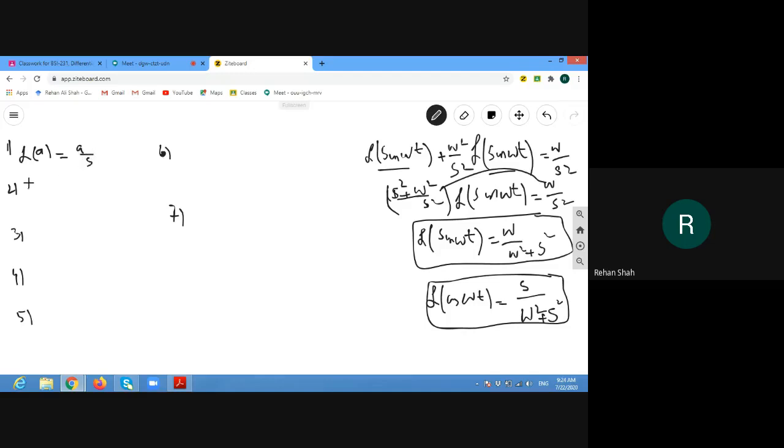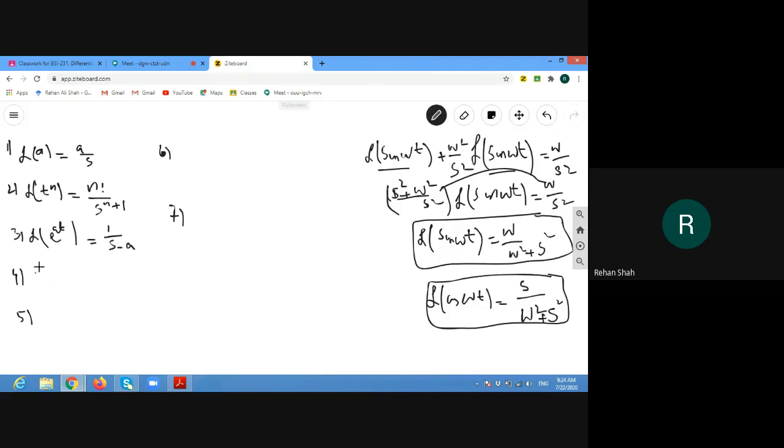Second was Laplace of t power n, which was n factorial divided by s power n plus 1. Third was Laplace of e power at, which was 1 over s minus a.